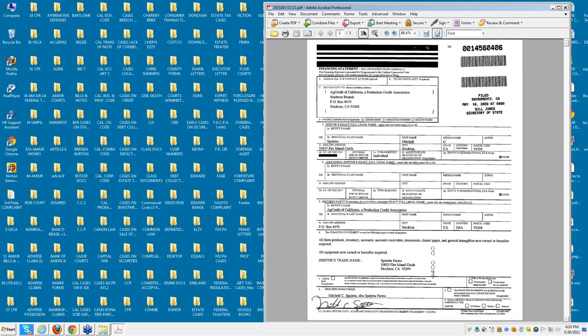See, this is AG Credit of California, a production credit association. This is in Stockton, California. We downloaded these from the Secretary of State's website. That's where you get those.